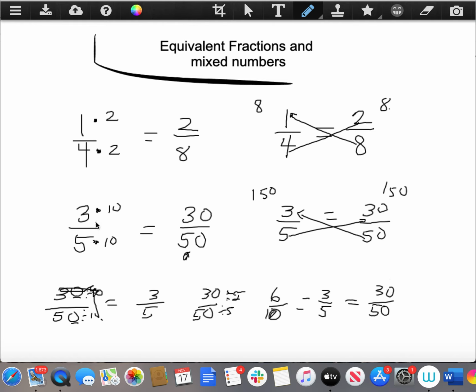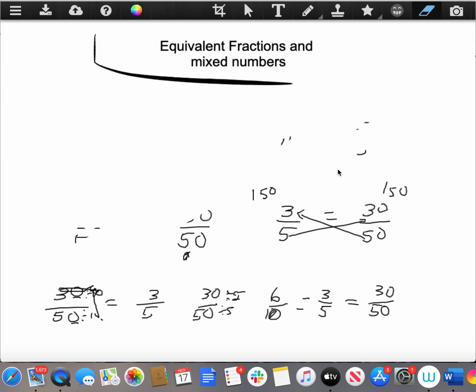Okay, so equivalent fractions. And now we'll talk a little bit about mixed numbers. Let me go ahead and erase up here, and I'll rewrite some different things for you.